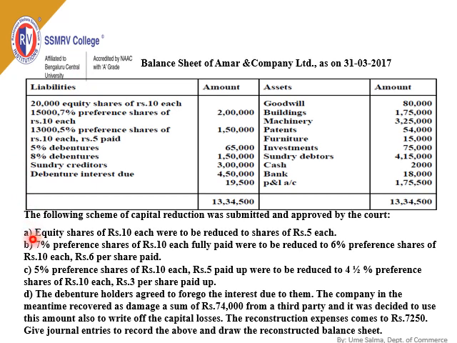So let us quickly move on to how the reduction is done. Towards the equity shares, from 10 each to 5 each is reduced, and then the preference shares, which were earlier shown at 10 each, are now reduced to rupees 6 per share, fully paid.